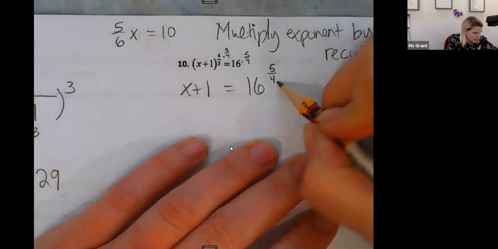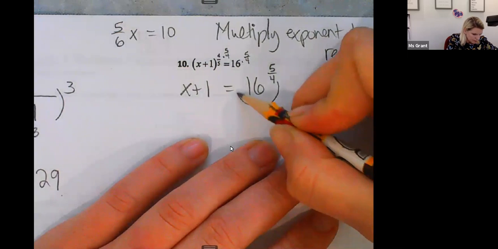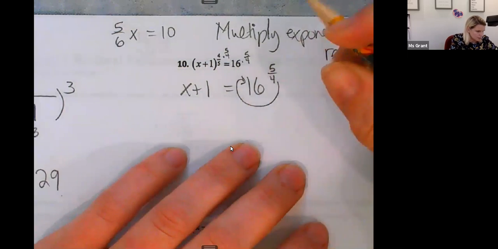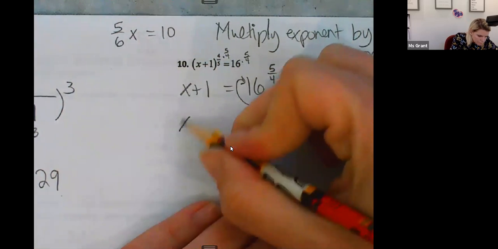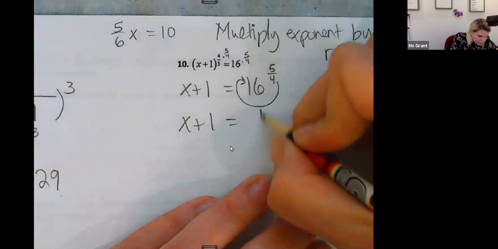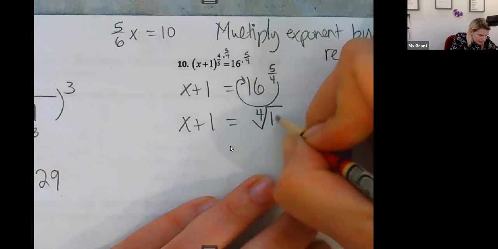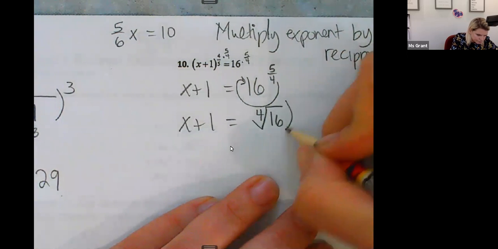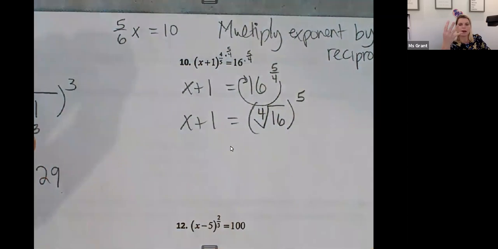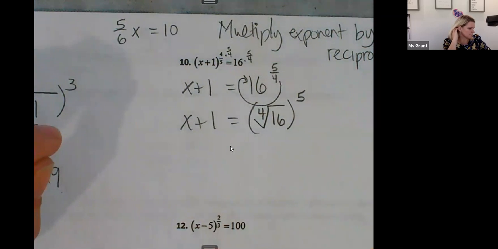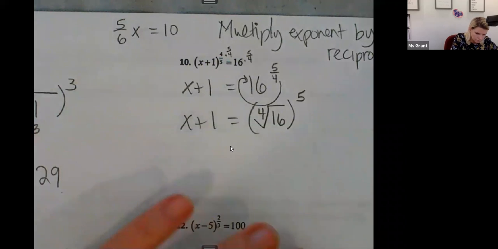Okay, real careful. This 4 comes here, right? The 4th root of 16 to the 5th. What times what times what times what makes 16? Manuel. 2.